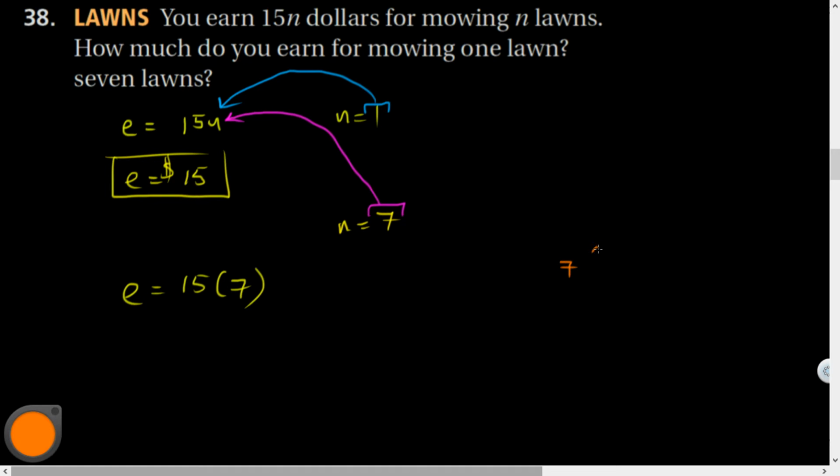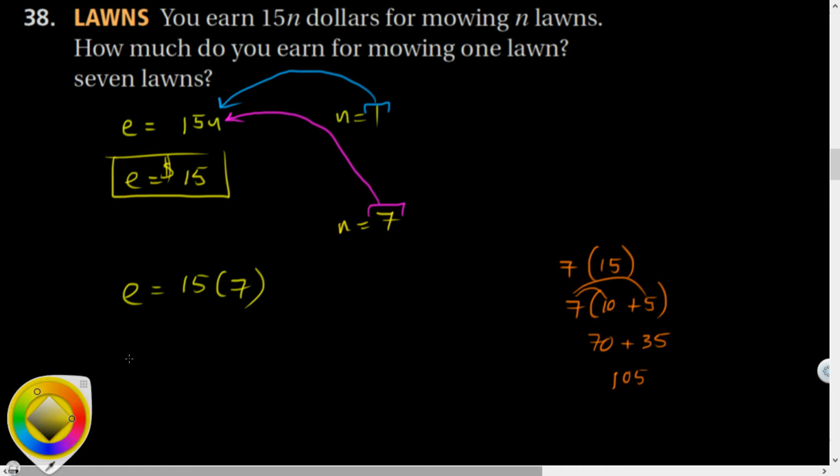I might write that as 7 times 15, which is the same as 7 times 10 plus 5. I don't know if any of you guys would do this, but this is kind of how I would think about it. 7 times 10 is 70. 7 times 5 is 35. And that's what Jimmy told us a minute ago, $105. So you earn $105 for mowing 7 lawns.